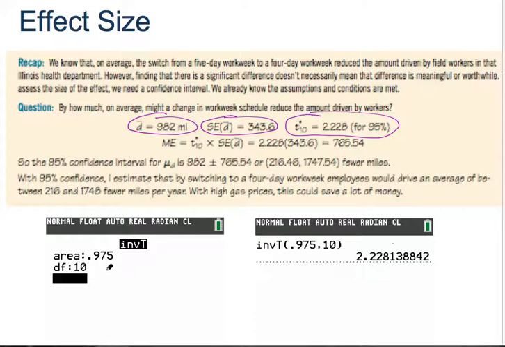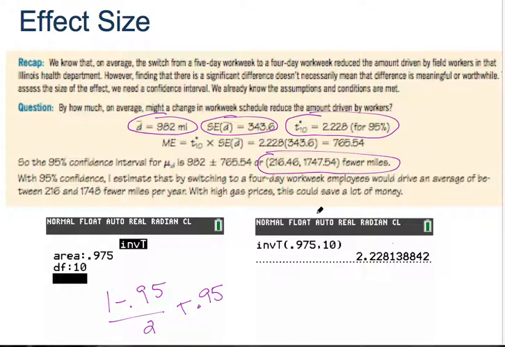The area is 0.975 because it's a 95% confidence interval. So 1 minus 0.95 divided by 2, and we add it to 0.95. And that's how we get 0.975. Okay. And then the margin of error is going to be that number times the standard error. So right here, the confidence interval is right here.